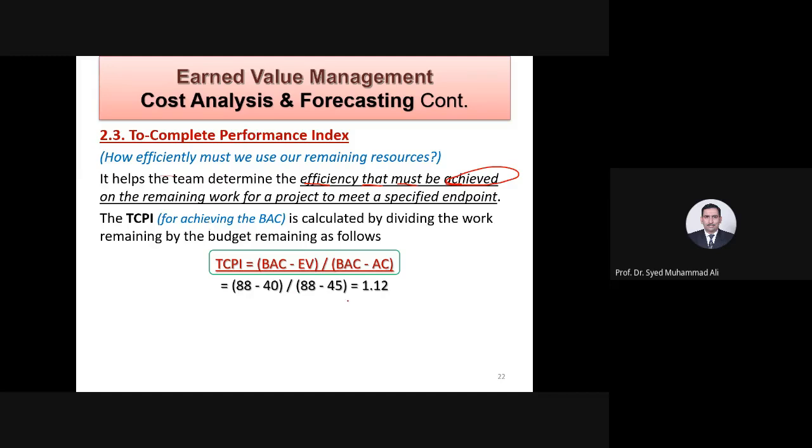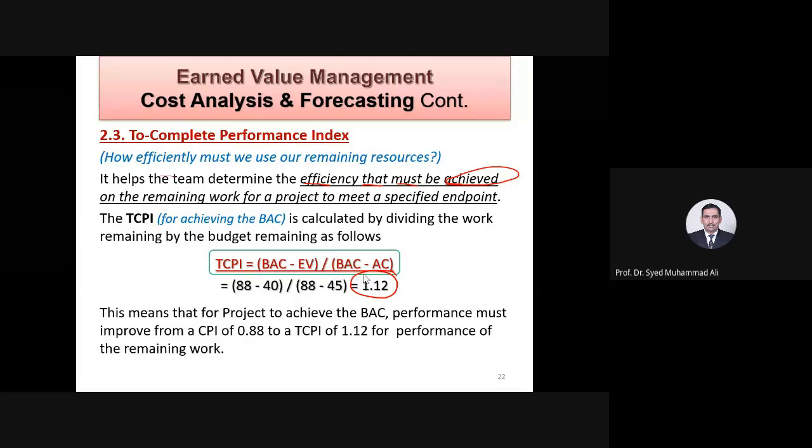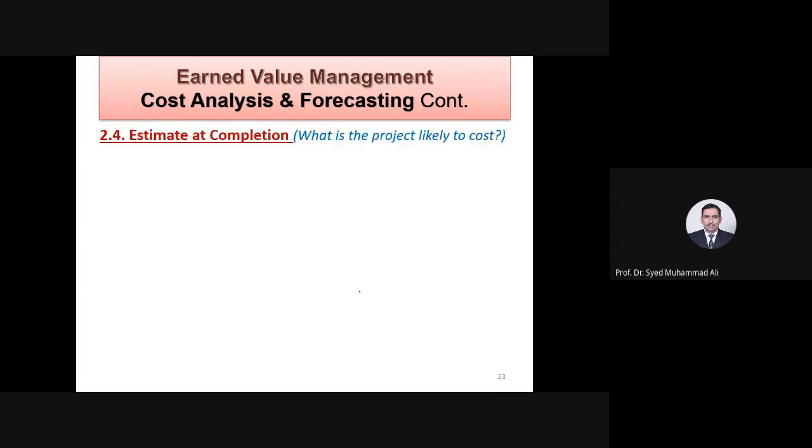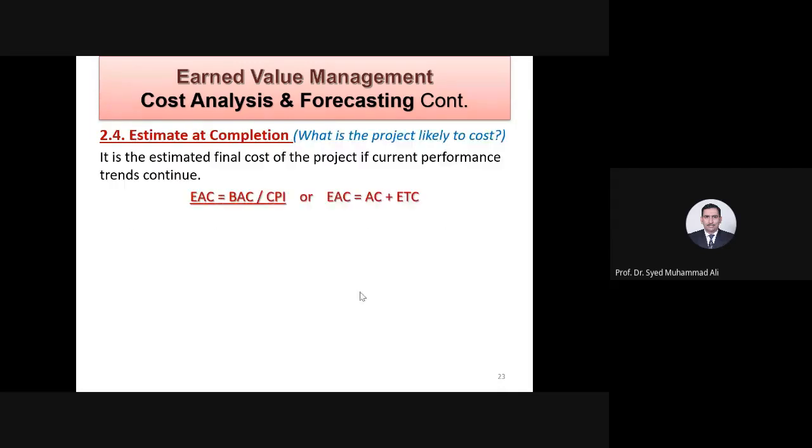This means for a project to achieve BAC, performance must improve from your current performance of 0.88 to 1.12. Please keep in mind, the 12% is from the original one, but in reality you are at 88%. So just imagine that you need a lot of hard work to reach that level, to be in time.